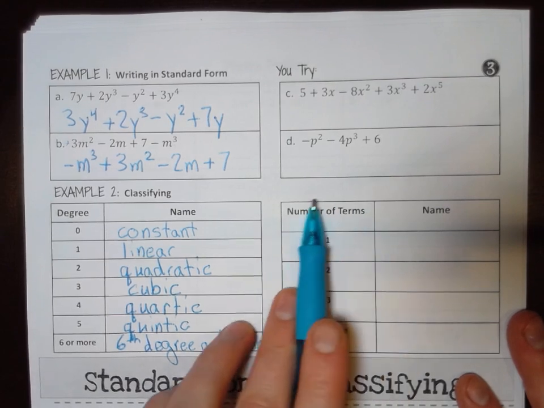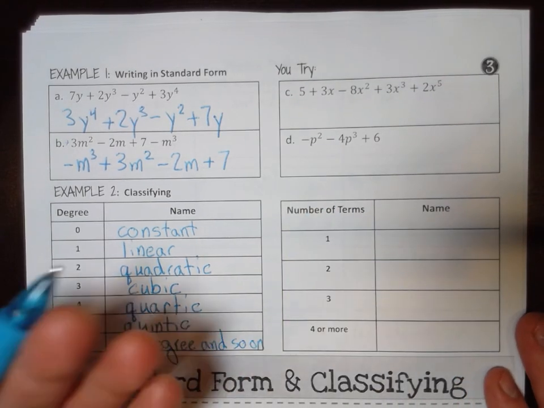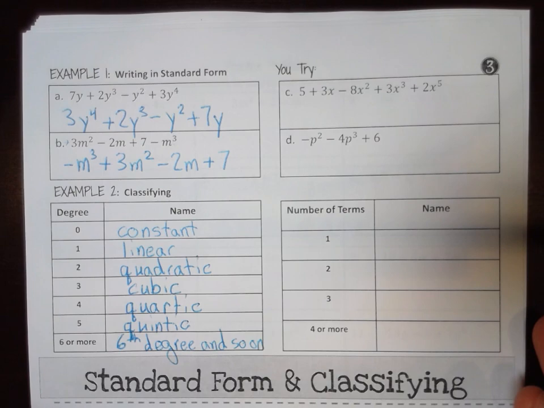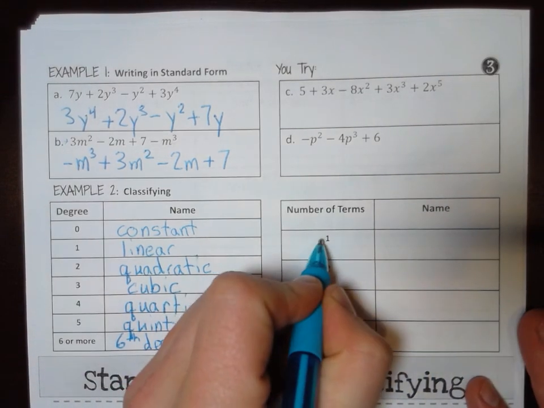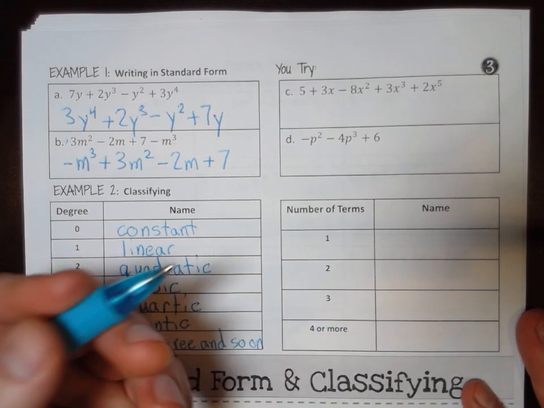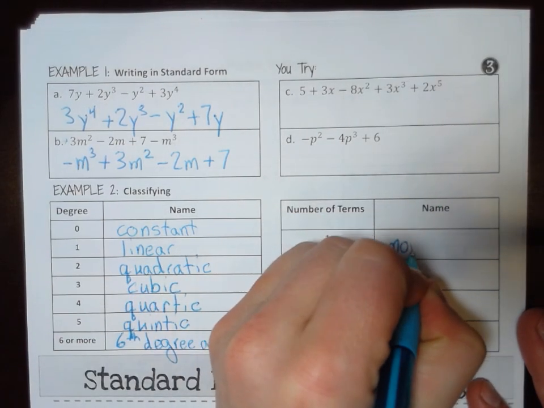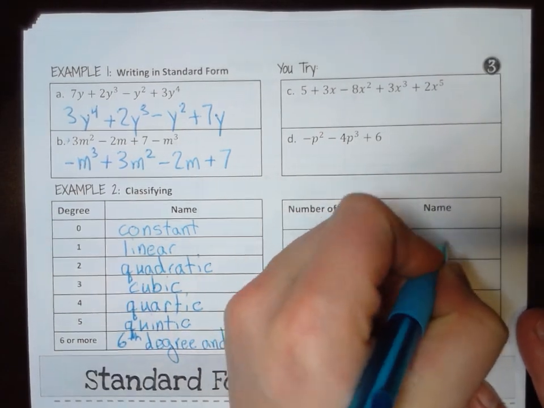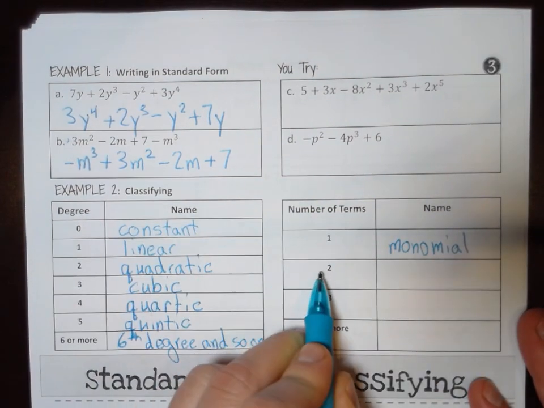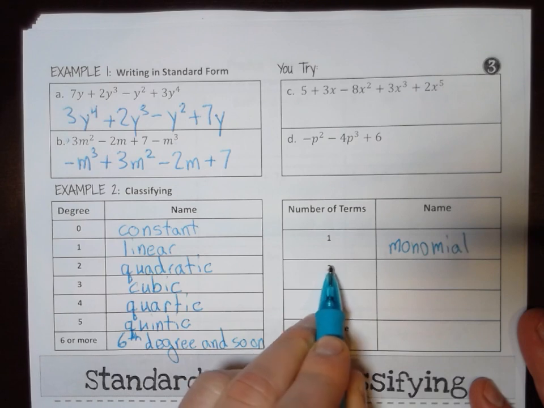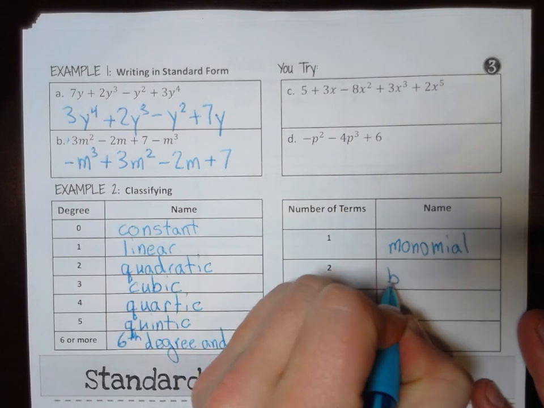But we want to say also how many terms it has in it, how many influencers there are on this polynomial. So we're going to start with one term. We already know that this is a monomial. And we know what a monomial looks like from our first few pages here. 2 terms, we're going to call that a binomial.